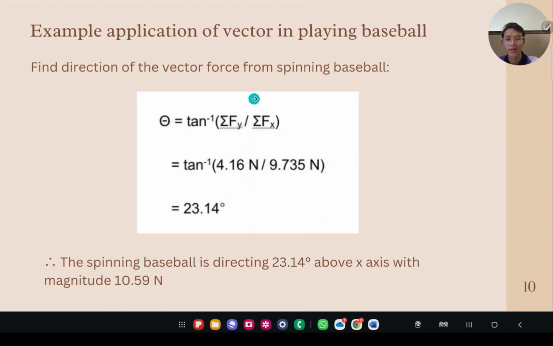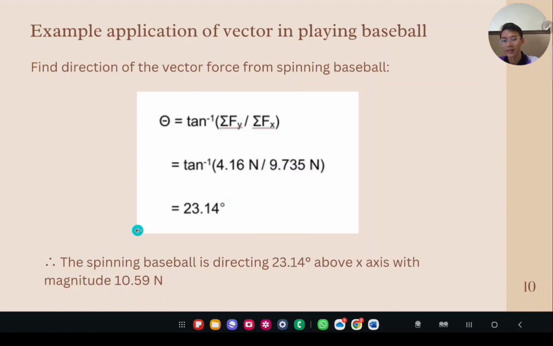If we substitute the two values, tan to the power of -1 multiplied by 4.16 Newton over 9.735 Newton, we will get the answer 23.14 degrees.